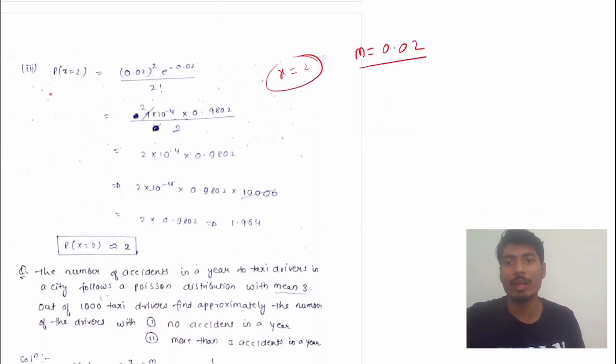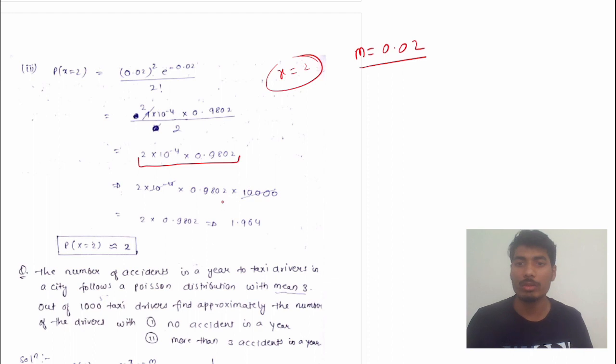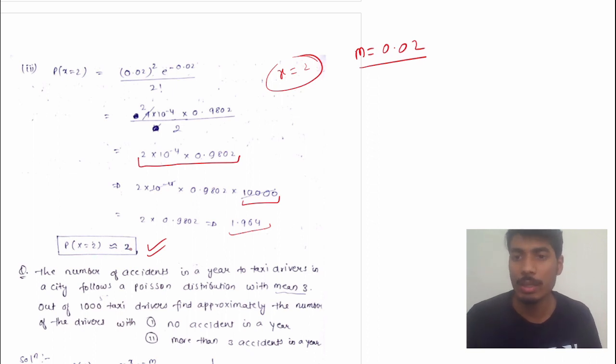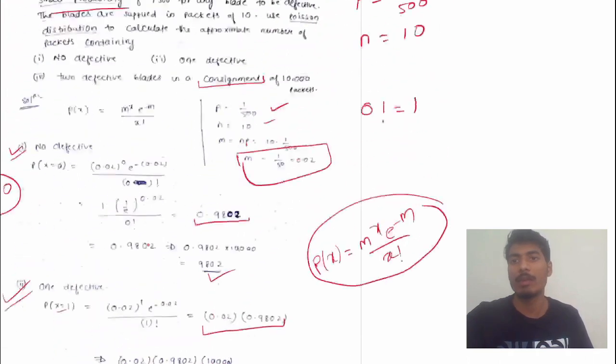By using that formula, we put the values and after putting the values, you get the answer. This one and consignments of 10,000. So at last you have to multiply by 10,000, and after solving this one, you get 1.964. This is approximately equal to 2. So probability of x equal to 2 is equal to 2, meaning the number of defective is 2.